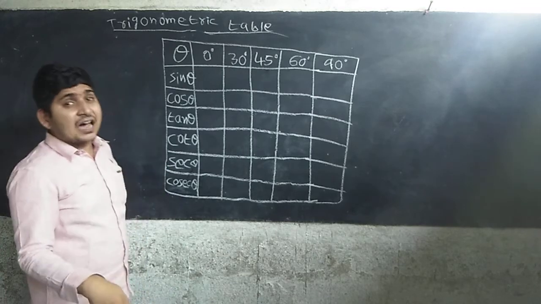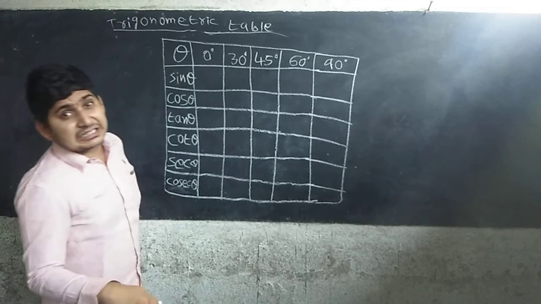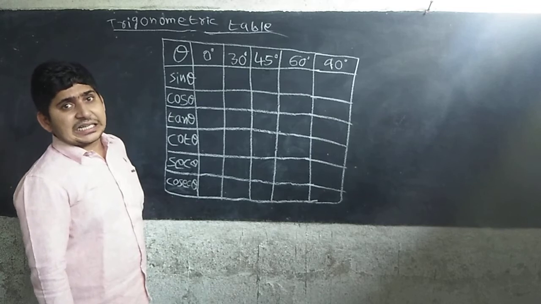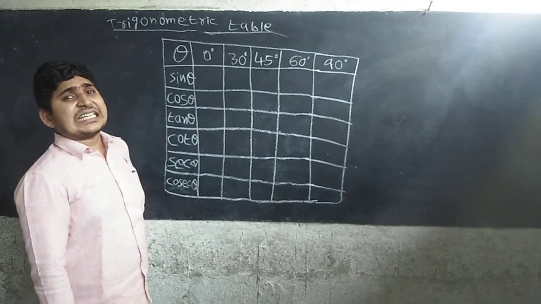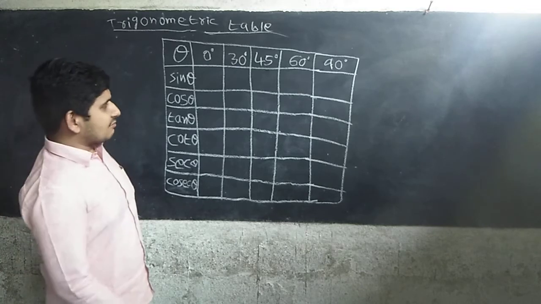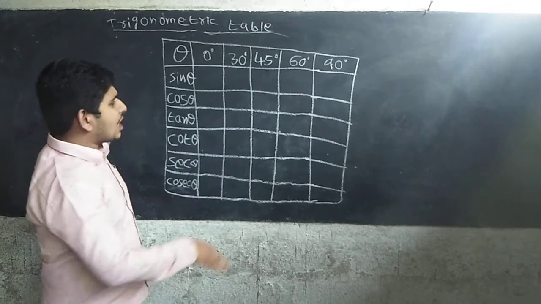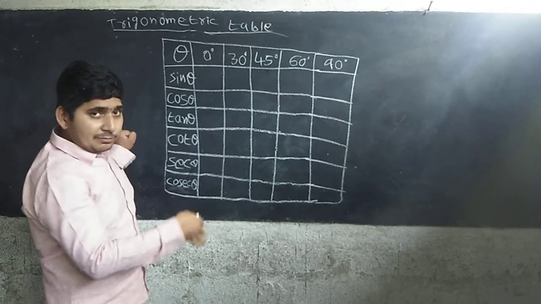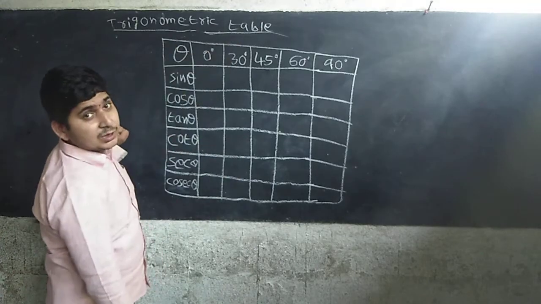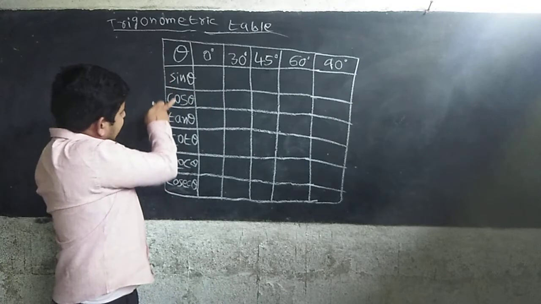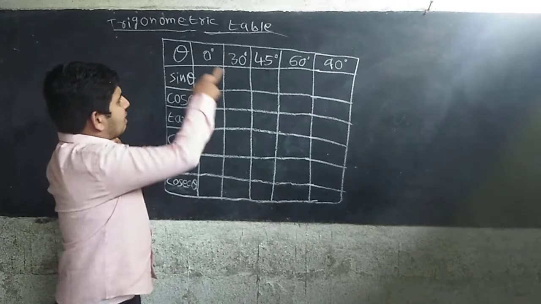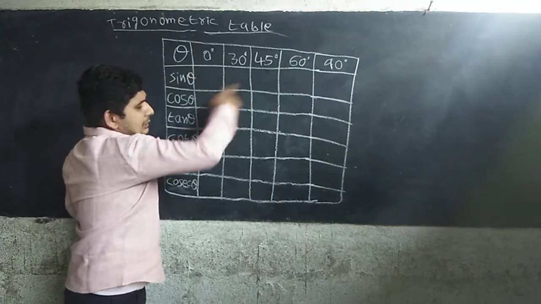Now we discuss the trigonometric ratios of some specific angles, that is 0, 30 degrees, 45 degrees, 60 degrees and 90 degrees individually. Now we are writing all the values in one table, using rows and columns. That is known as the trigonometric table. So rows indicate the values of the trigonometric ratios and the columns indicate the angles, some specific angles.